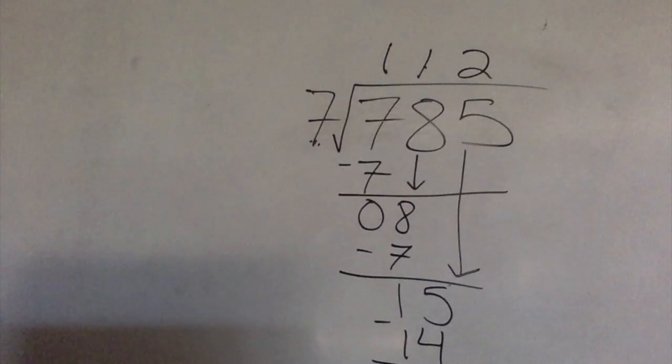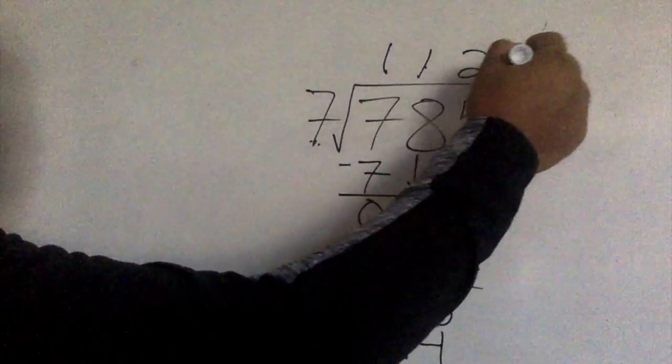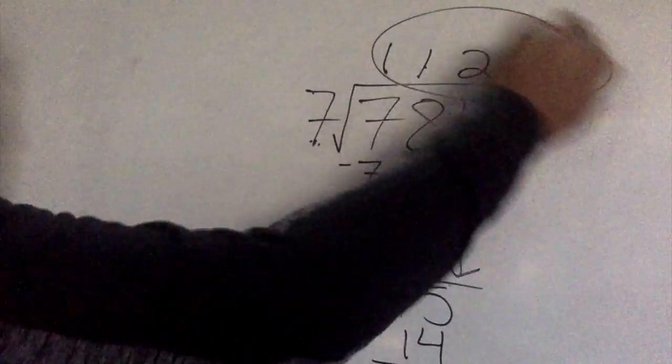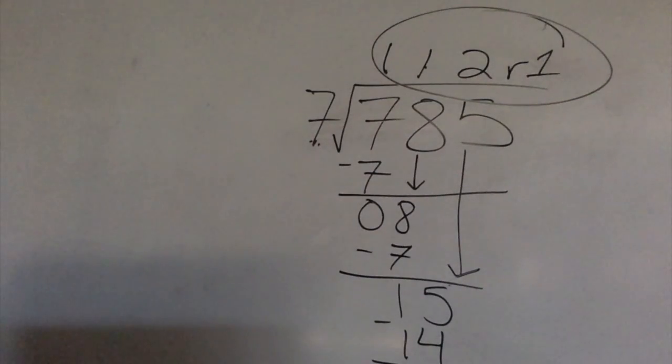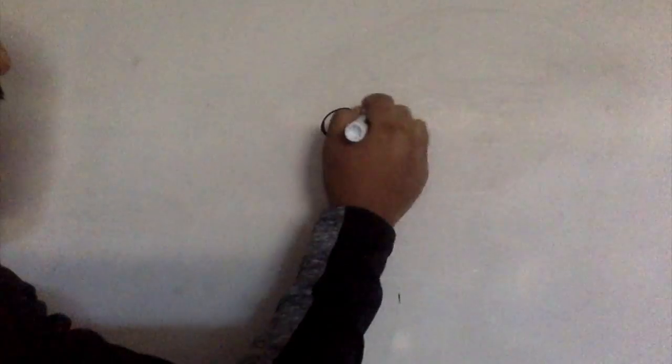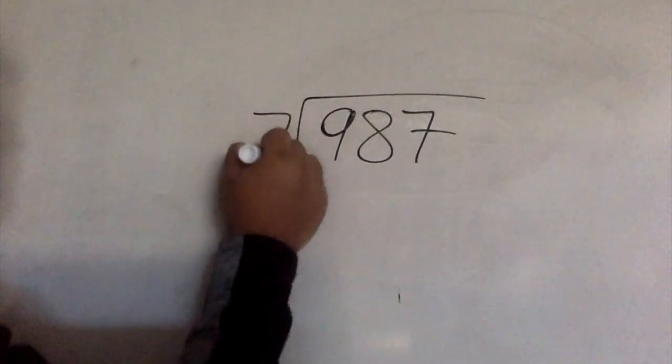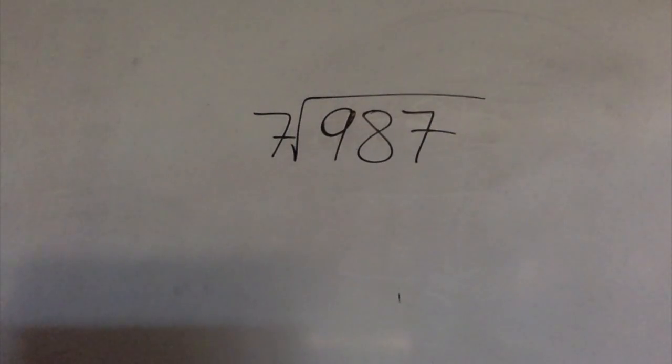So we have an answer of 112, remainder 1, with no more numbers to drop. Here is our final answer. Now let me give you one to do on your own. We're going to go with 987 divided by 7. While it is a big number, the process stays the same. I'm positive you can do this one. So pause the video, come back when you're ready.